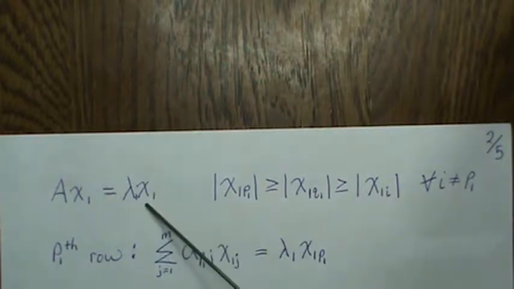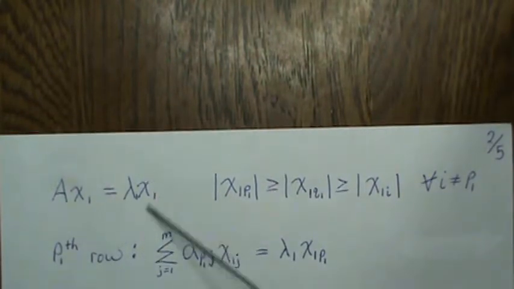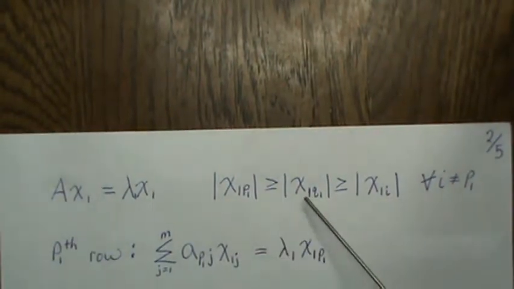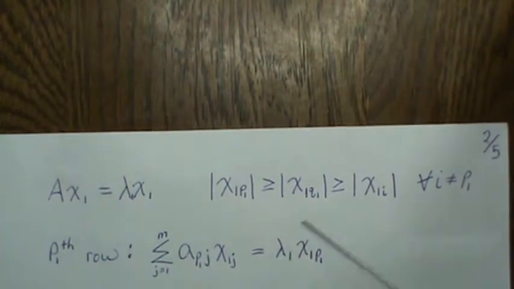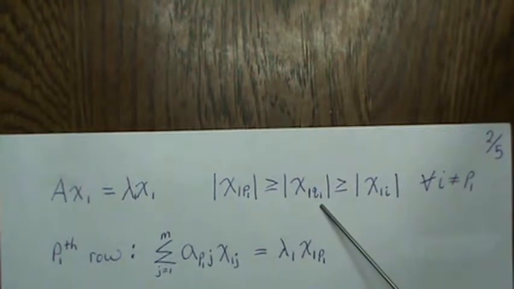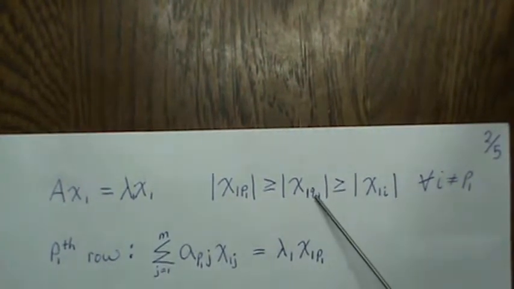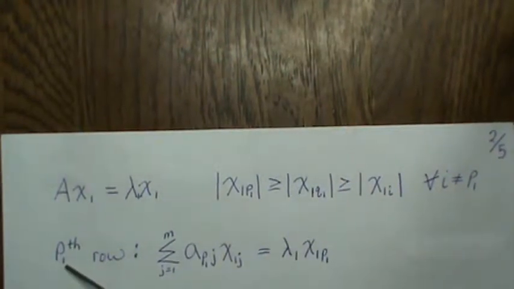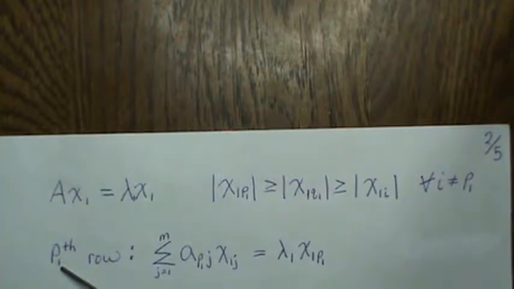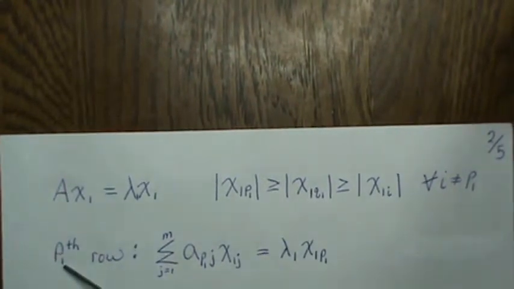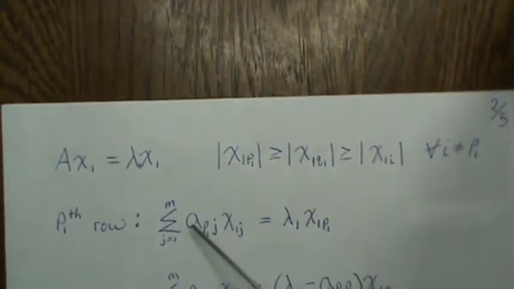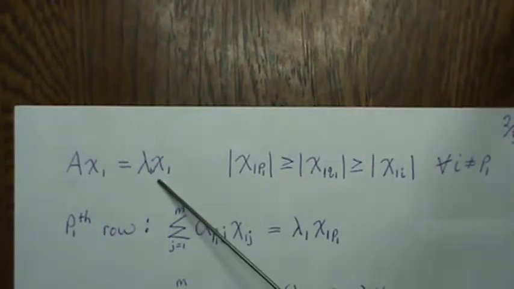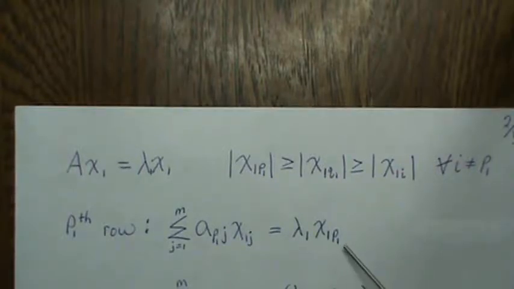The second eigenvector will have a largest element, and wherever that is, we'll call it P2, and the second largest of the second eigenvector will be Q2, so it'll be x2q2. That's the notation behind this. So we're looking at the pth row when we deal with the first eigenvalue and vector. So this is this sum. Remember, it's the pth row.